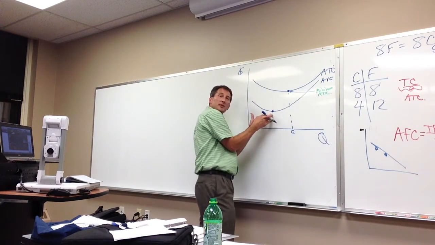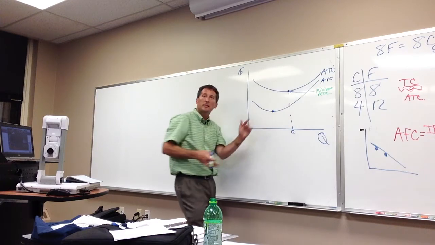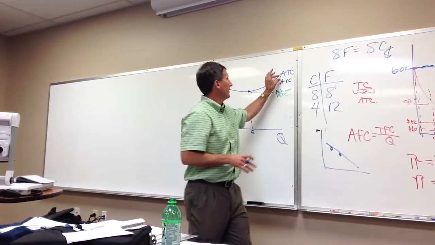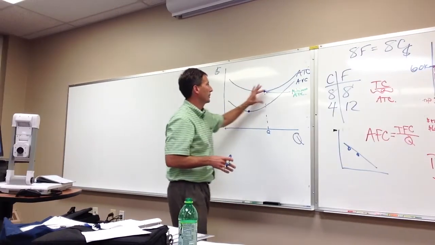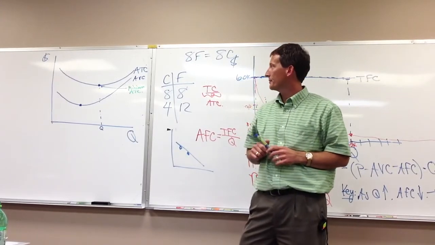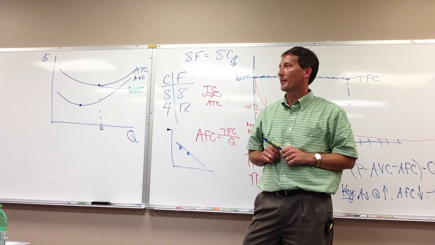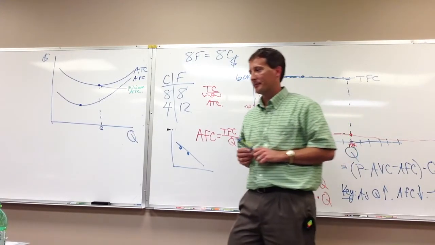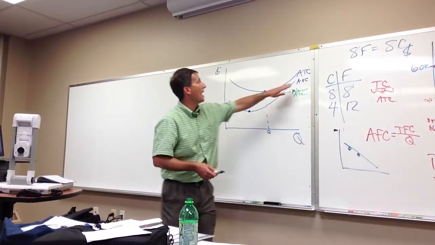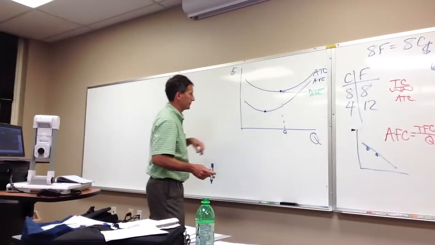It should have bottomed out somewhere to the left of where this one bottomed out. So however you draw it is fine. Just make sure that that vertical distance is narrowing as you go up. And that's A, B, C. Yes, this is the average variable cost.